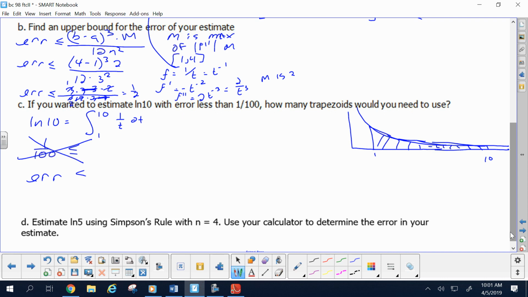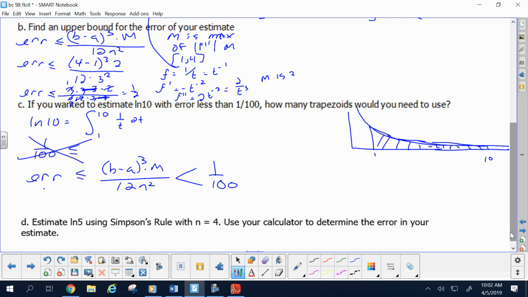Error is less than or equal to (b minus a) cubed times m over 12n squared, and that in turn needs to be less than 1/100. And I think you'll agree that if I could make this part happen, then the error would be less than 1/100 as well, right?